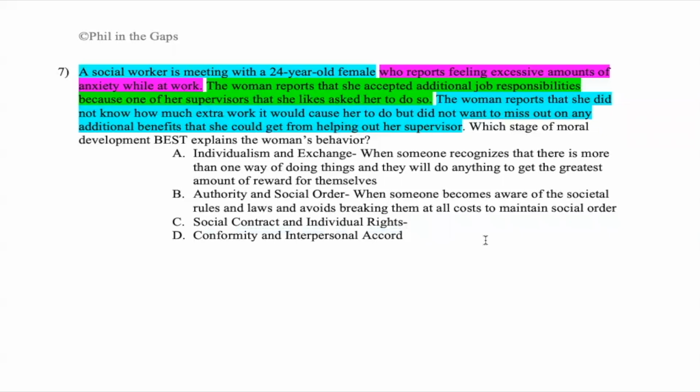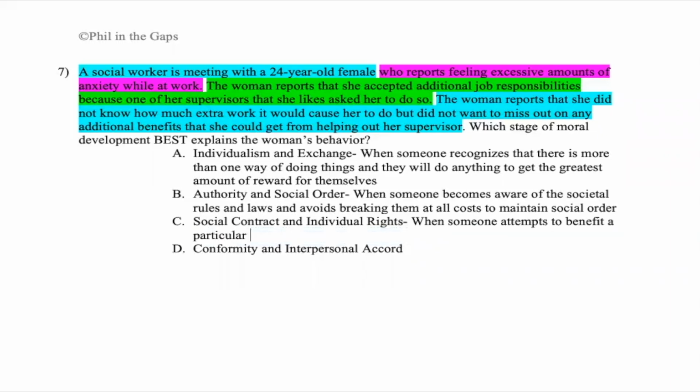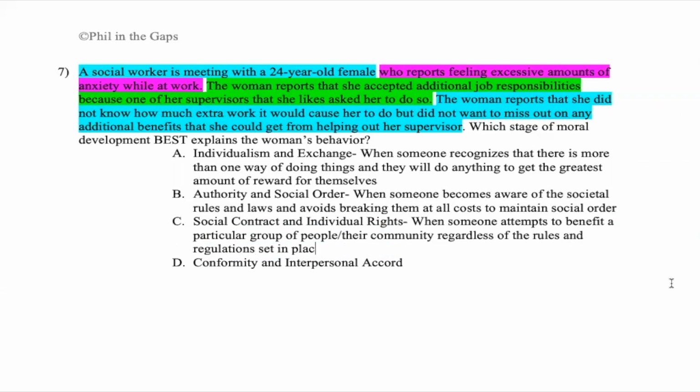C, social contract and individual rights is when someone attempts to benefit a particular group of people or their community, regardless of the rules and regulations set in place, because they're focused on benefiting a community or a segment of communities versus them focusing on the entire universe, but they're willing to sacrifice themselves.